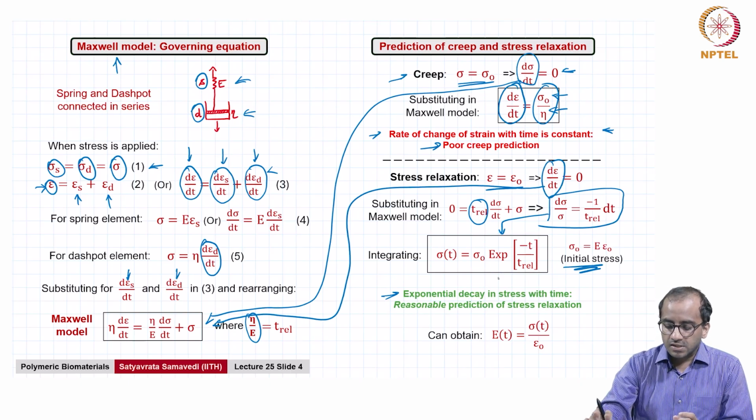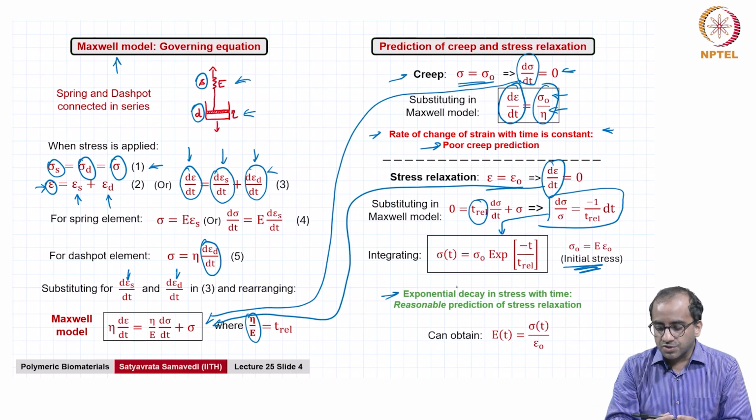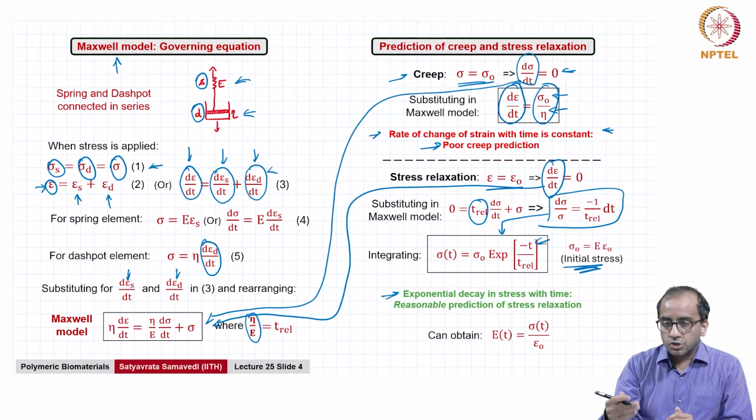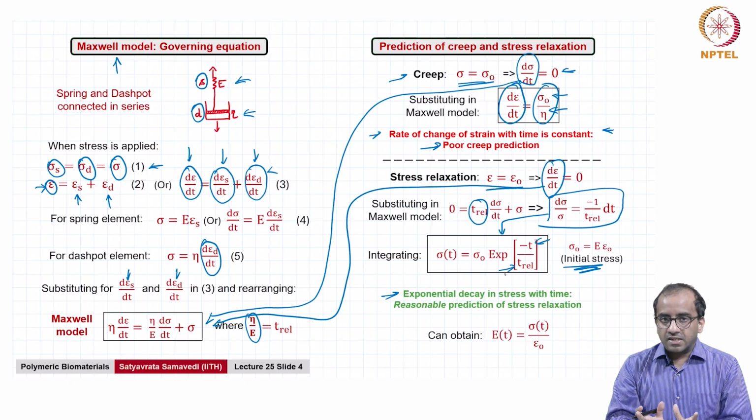If you now subject this equation to the terminal responses, for very short times, t tending to 0 or t relaxation tending to infinity, this model will predict that the material will behave like an elastic solid.